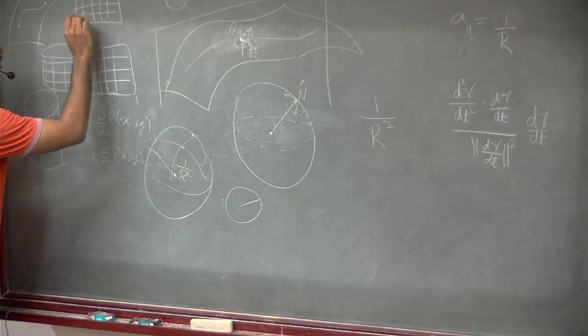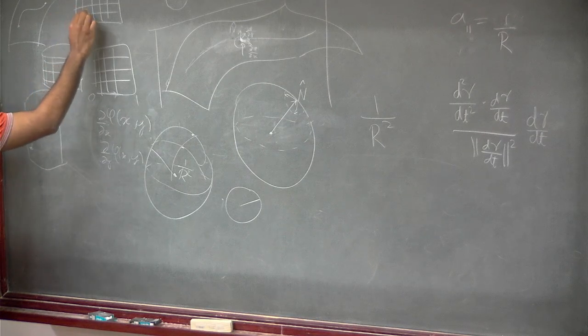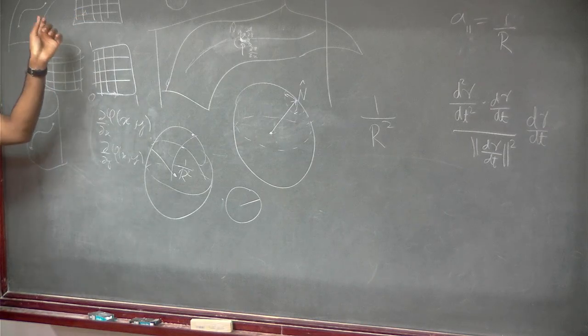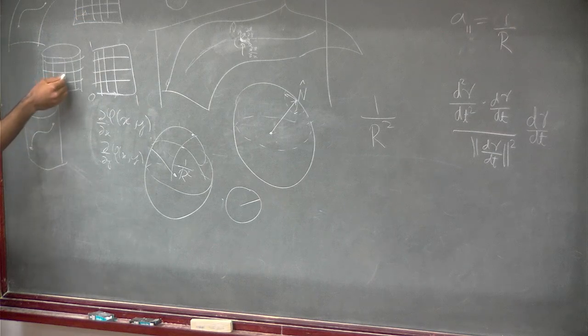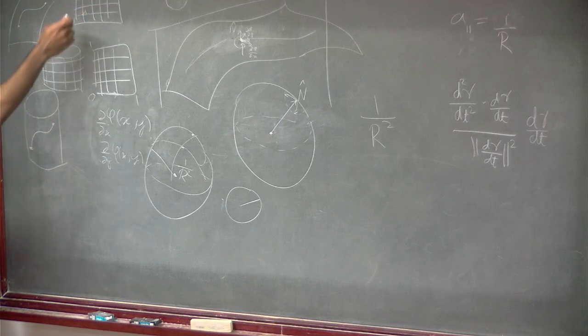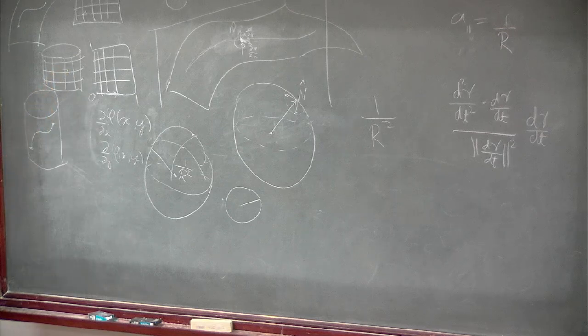If you take some small segment, the distance is just given by Pythagoras with the grid lines. You can do the exact same thing here, because heuristically you take very small segments and do Pythagoras with these grid lines. So as long as you can map grid lines to grid lines in such a way that the distance between two grid lines is the same, and the angle between the grid lines stays 90 degrees, this is a map that preserves distances.